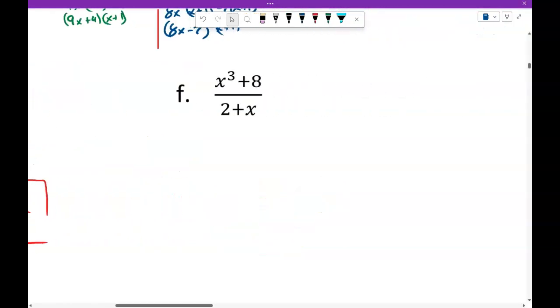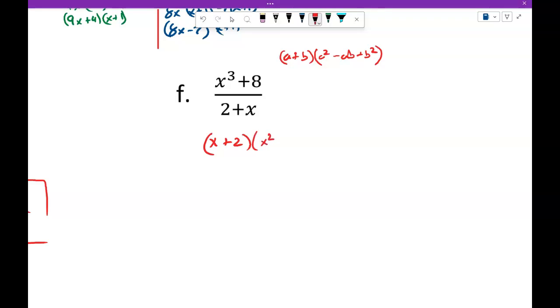F is interesting because we have this binomial, but we notice it's a sum. So we can't have a sum of squares, but notice instead we do have a sum of cubes. Sum of cubes again follows the pattern of a plus b, a squared minus ab plus b squared when we factor. So x to the third plus 8, the cube root of both of those is going to be x plus 2.